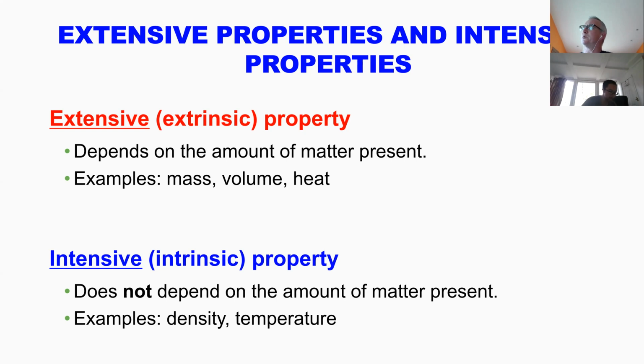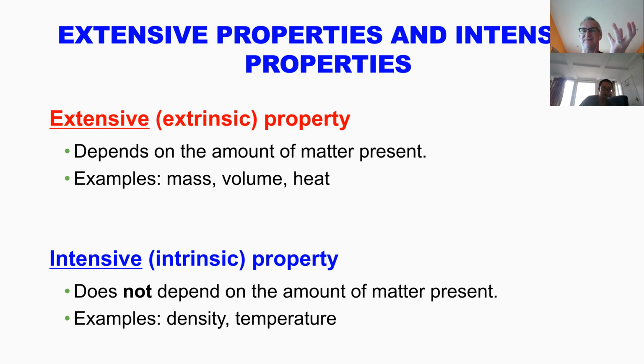So resistance would be, that's a tricky one. If it's the same substance, then it would be an extensive property, because it depends on the amount. But if you're looking at the difference between copper and aluminum, for instance, aluminum has a higher resistance.